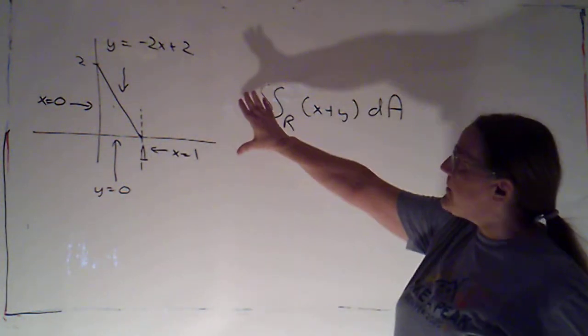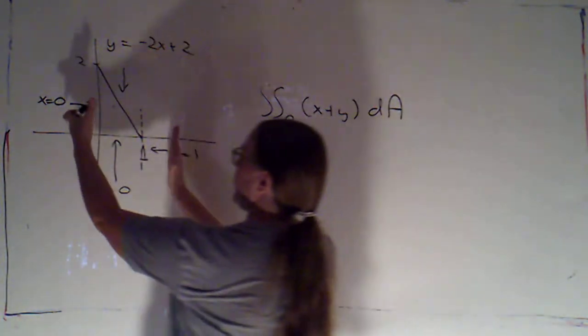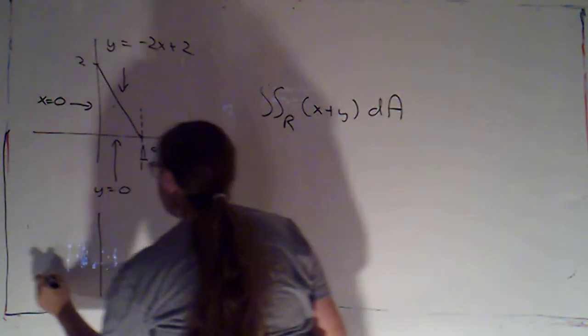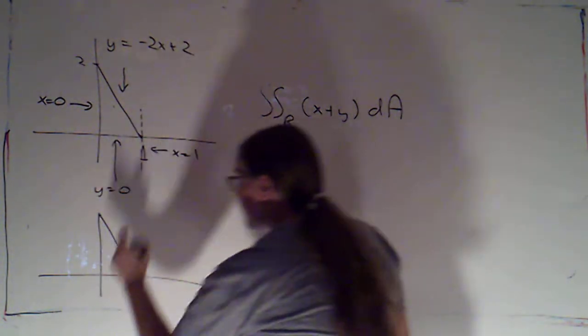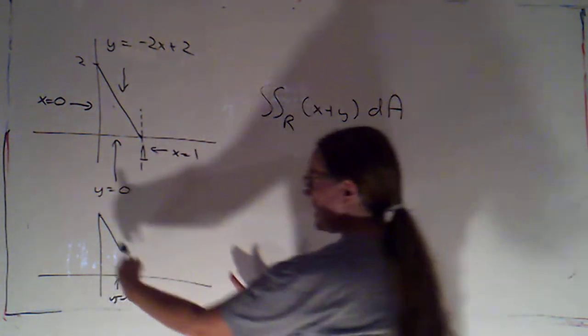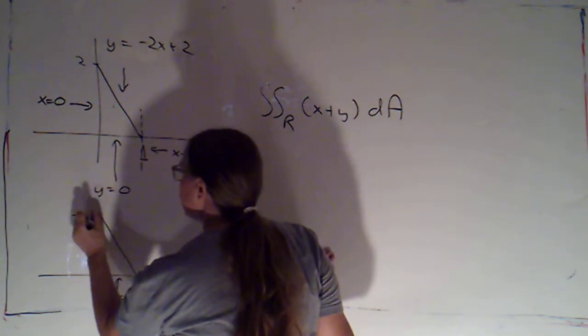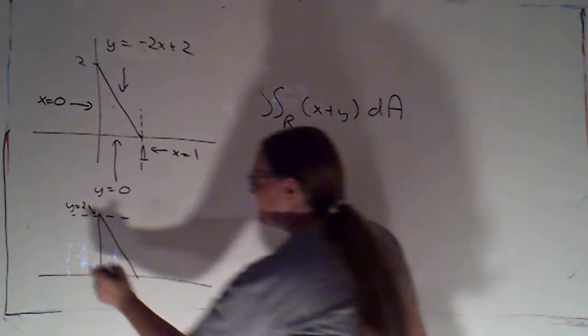So if I were describing it as a type 1 region, I would choose to have my x values constants and my y's as a function of x. If I preferred, I could describe it as a type 2 region, because we said the bottom was constant, that was y equals 0. If I want to view this as the left wall and the right wall meet, they meet up here at a height of y equals 2.